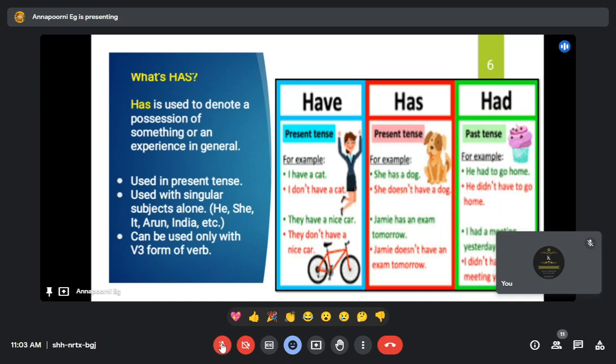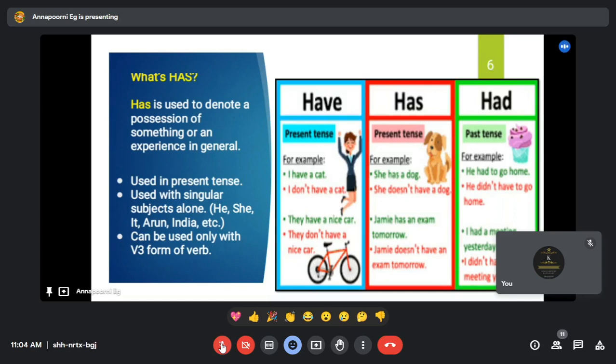In some sentences, we will have the main verb and helping verb together. In such sentences, we have to use has only with the V3 form of the main verb. Only the main verb will have V1, V2, V3 and all. The helping verb will not have different forms. It will have only one form. Are you getting my point? Is it clear?